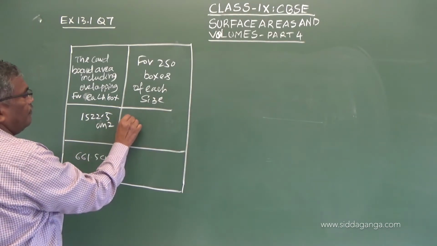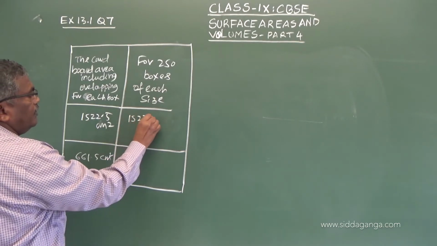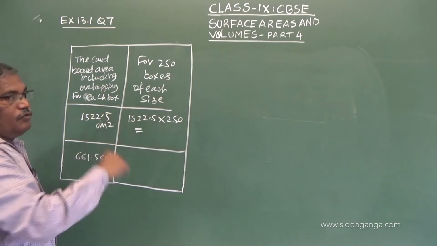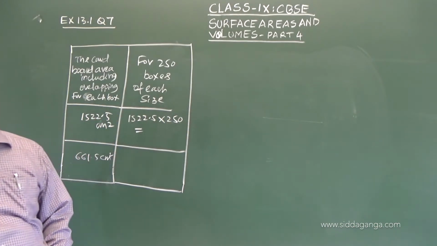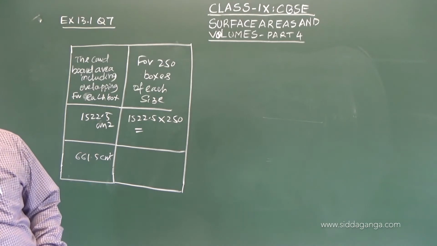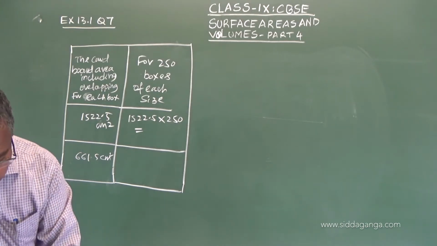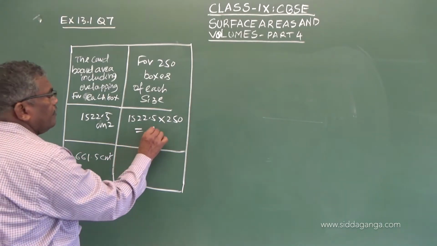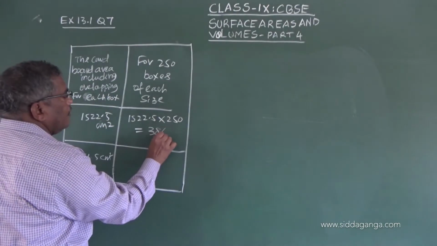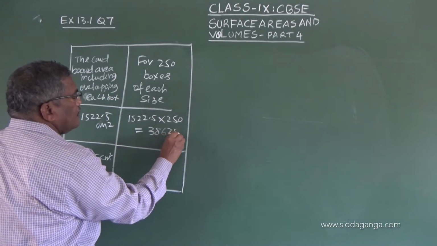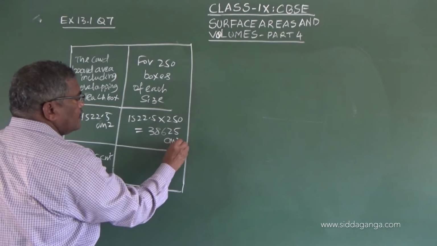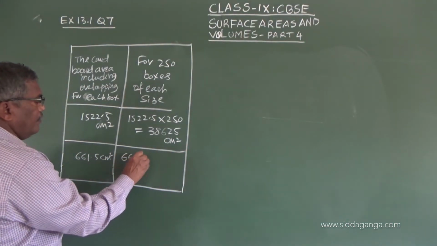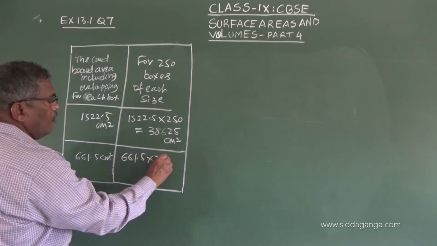Therefore 1522.5 into 250, you will get 380,625 centimeter square, and this is 661.5 into 250 boxes.